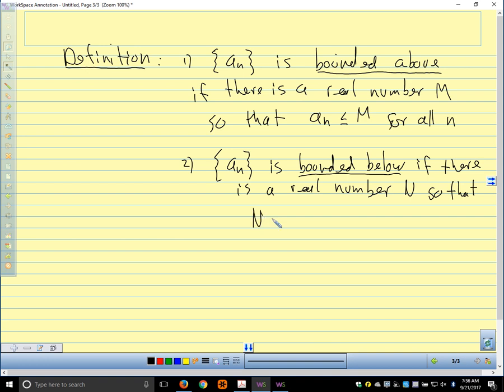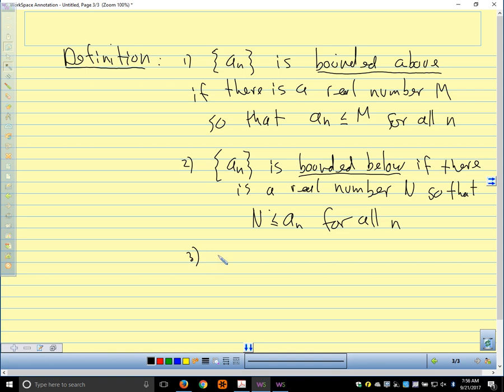So n is less than or equal to a sub n for all n. So there's some number that is smaller than every term of our sequence. It could be equal to the low term, but there's never a term of the sequence that's less than this number n. That's what we mean by bounded below.